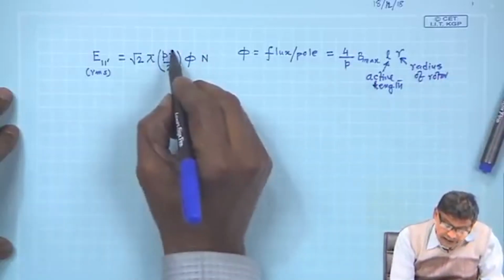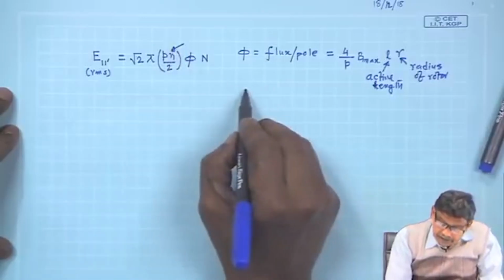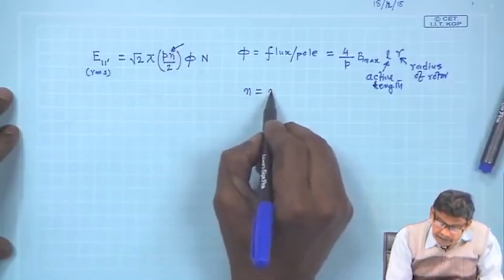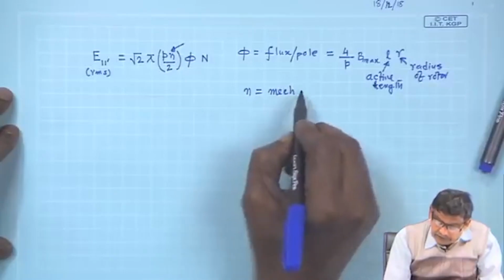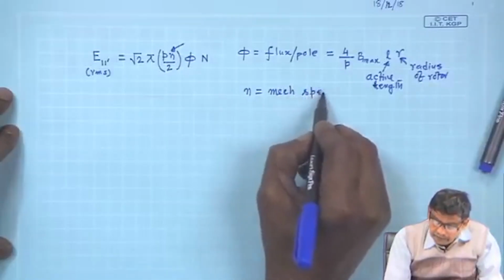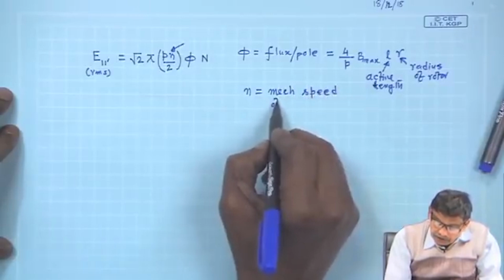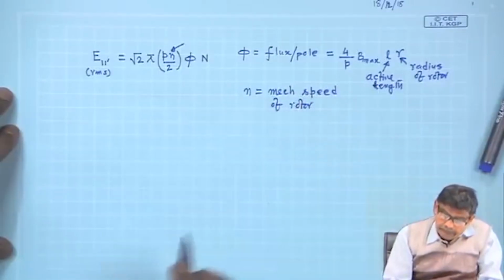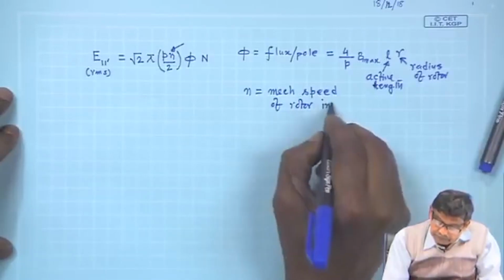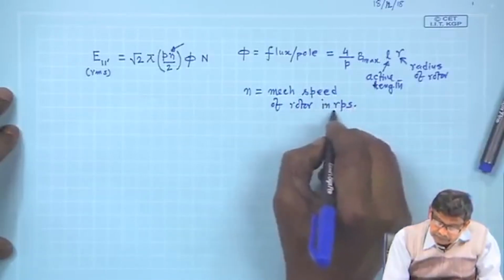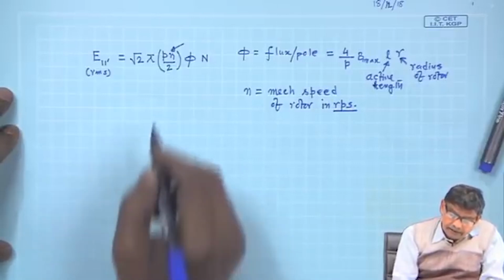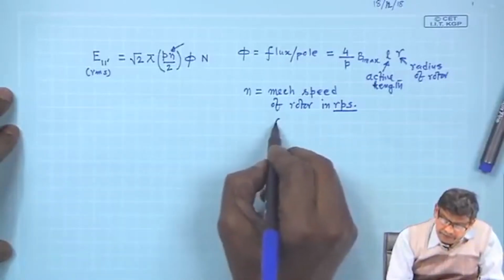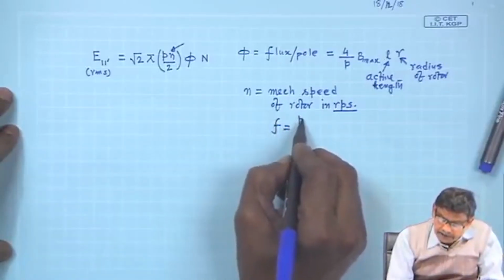And what is this n? n is the mechanical speed of the rotor in RPS, and this f is nothing but P n by 2.